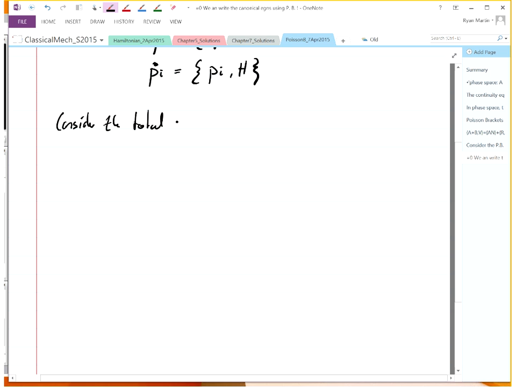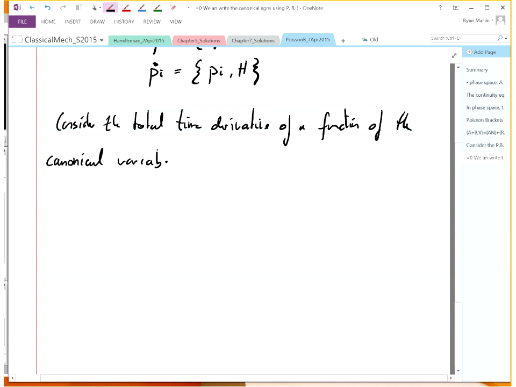Now consider the total time derivative of a function of the canonical variables. So I have some function, capital F, that depends on the canonical variables.